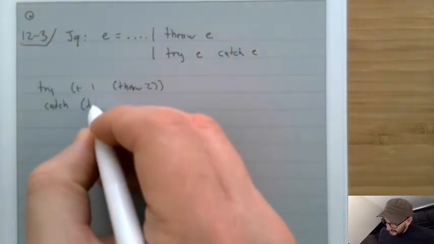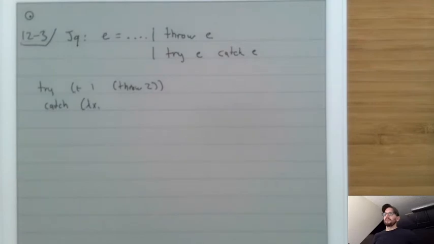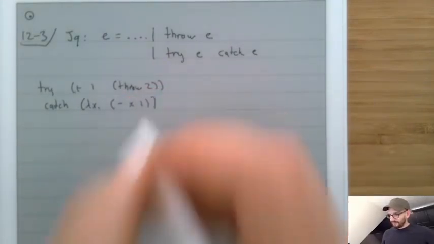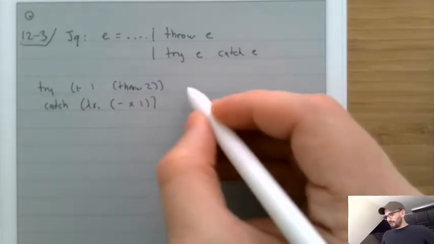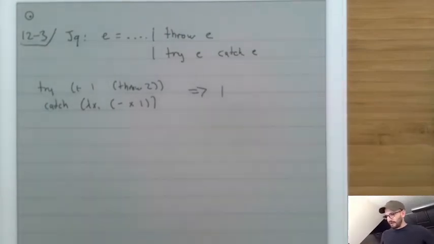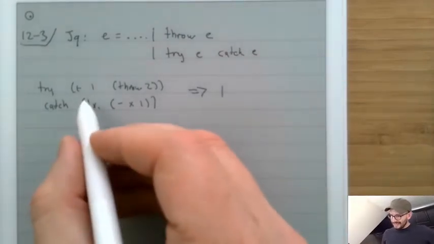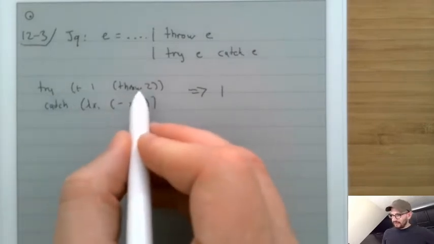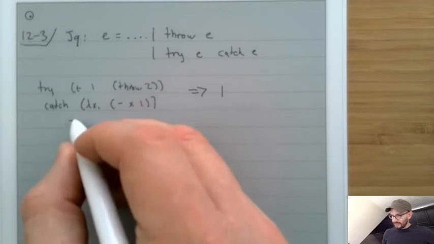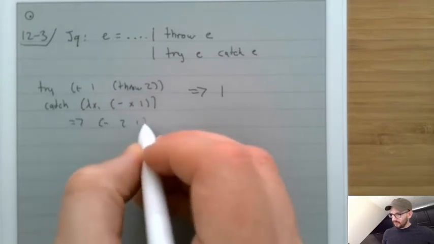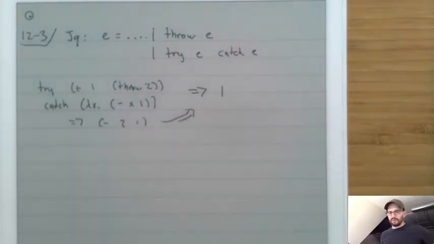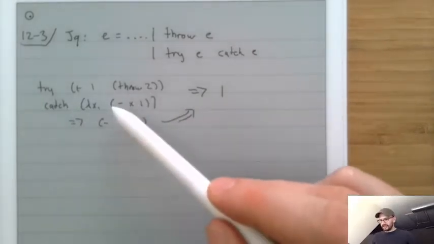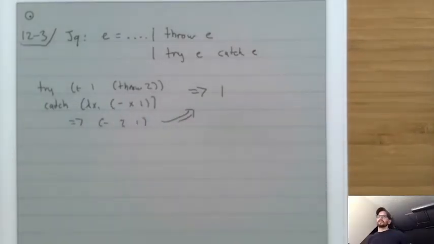And that lambda is going to take as an argument the exception value. So here we'll write x minus 1. Okay? So this program is going to evaluate to 1. And the reason why is that we try to evaluate this, we see the throw, and then because there's a throw, we then turn it into -2, 1, which then is, of course, 1. Okay? So what throw does is it finds the nearest catch, and then it calls the appropriate function.